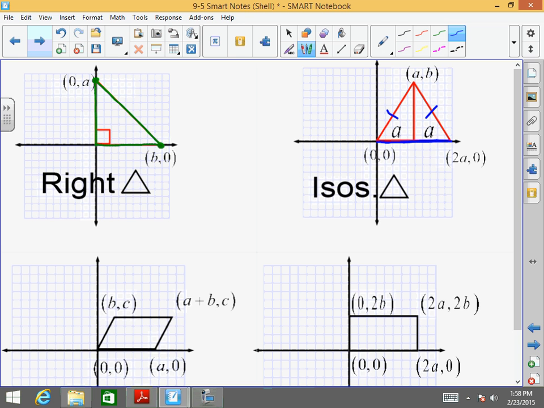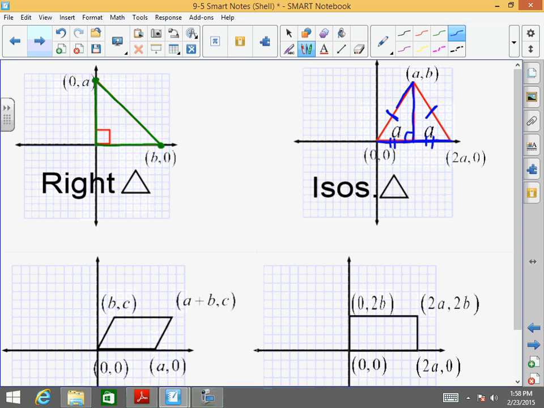Please remember that since I have an isosceles triangle here, if I go ahead and drop an altitude here, I create a perpendicular bisector, making this guy congruent to this guy. So I can find all sorts of distances here.